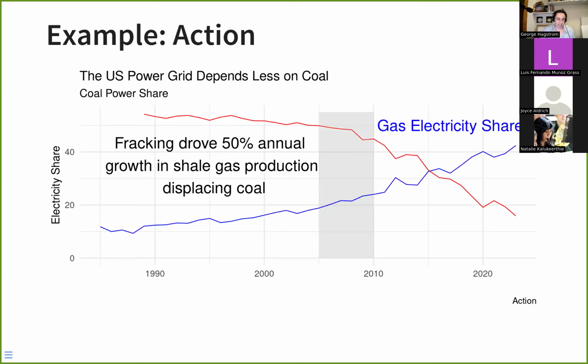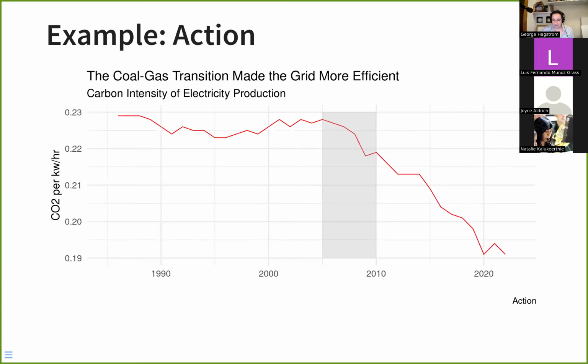And then the action is we showed another piece of data. We connected it to something in the news that was a little bit counterintuitive, and we showed that surprisingly, that helped reduce the amount of carbon dioxide that we emitted because gas is cleaner than coal.